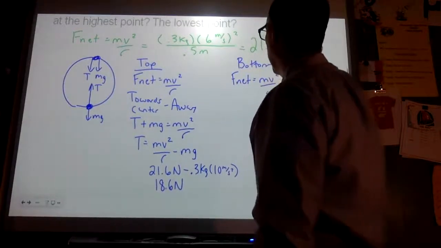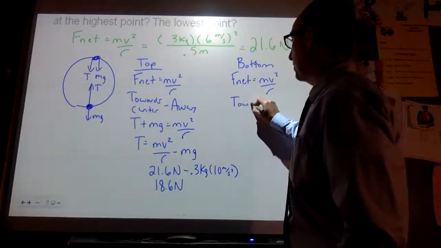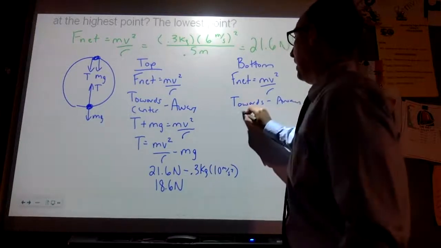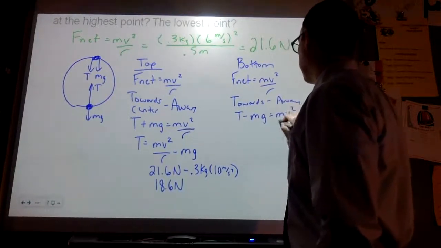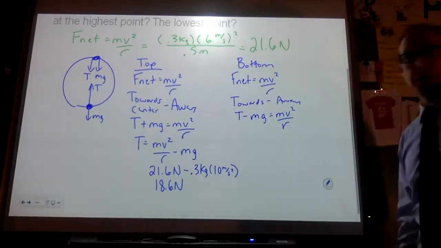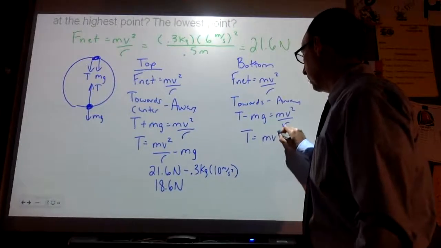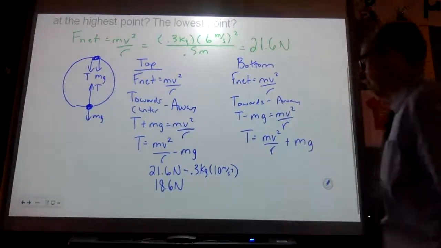F net is also equal to mv squared over r. But now when I take my towards minus away, I have T minus mg equals mv squared over r. So now my tension is going to be equal to the centripetal force plus the weight.